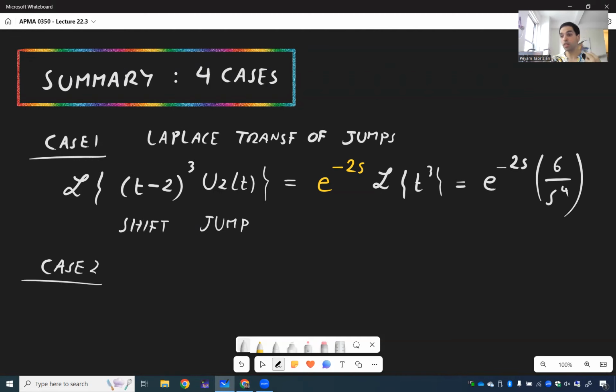The second case was the reverse way. So if an exponential term is outside, then what we get is a shift and jump.